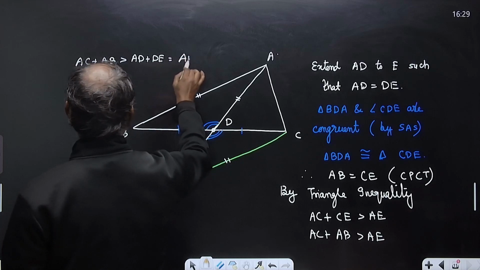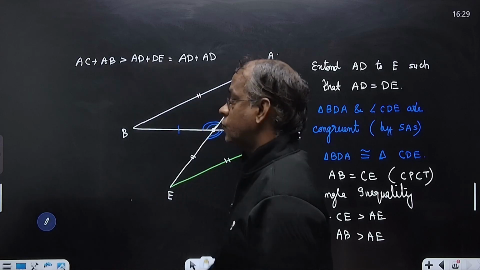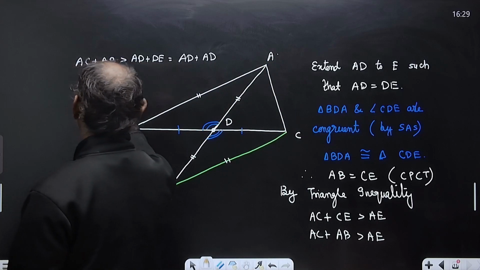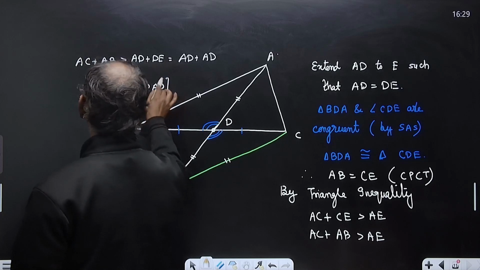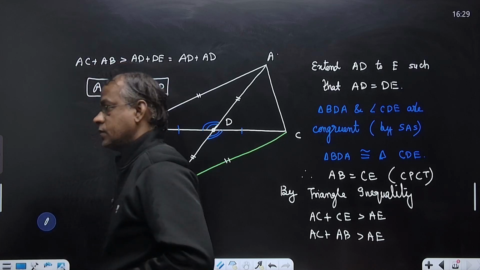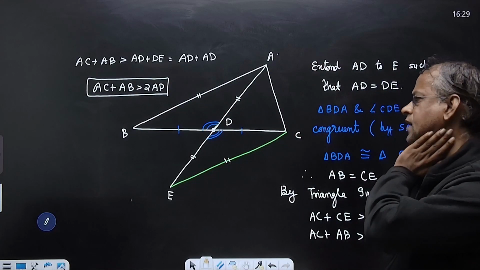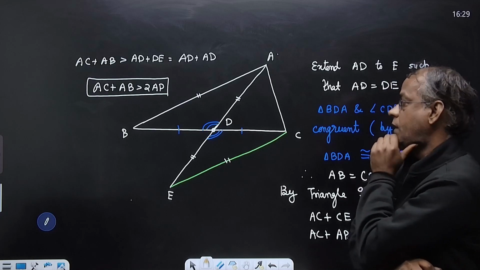That is AD plus AD. So this is what we were supposed to prove. From this you can understand what we are going to write. AC plus AB is greater than 2 times AD.